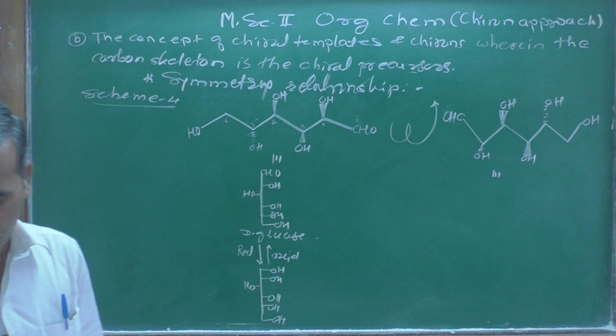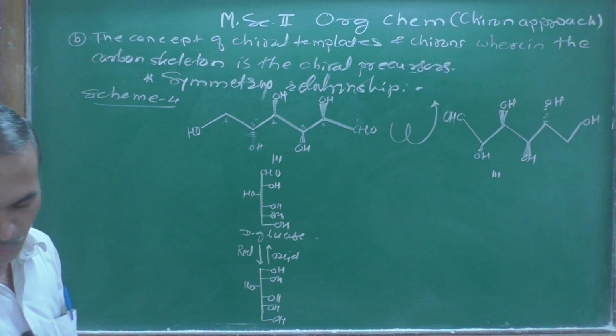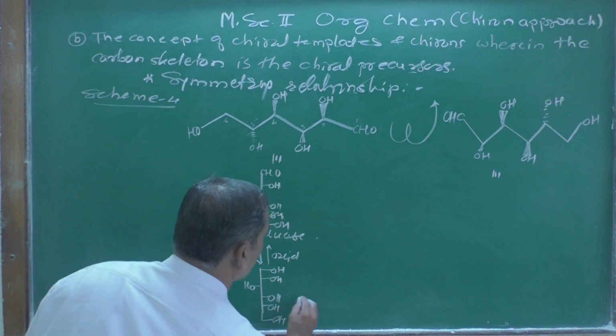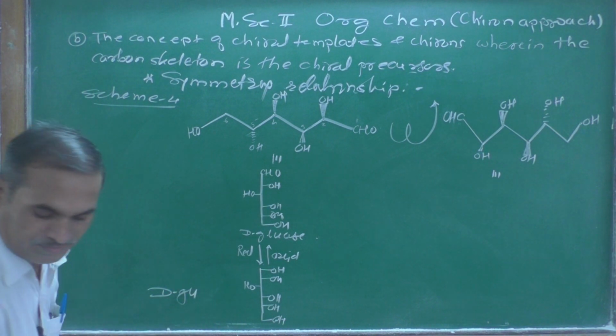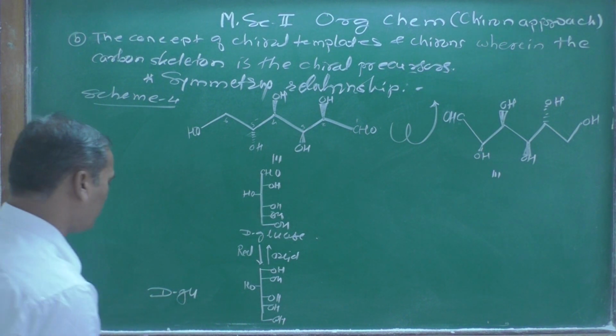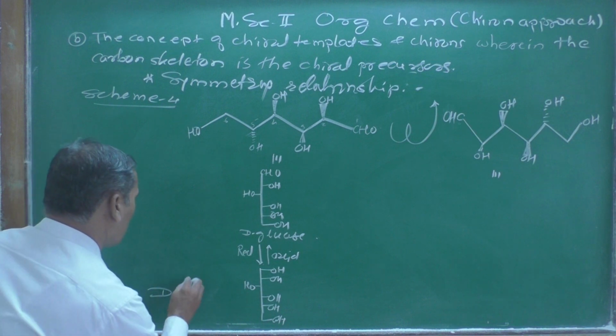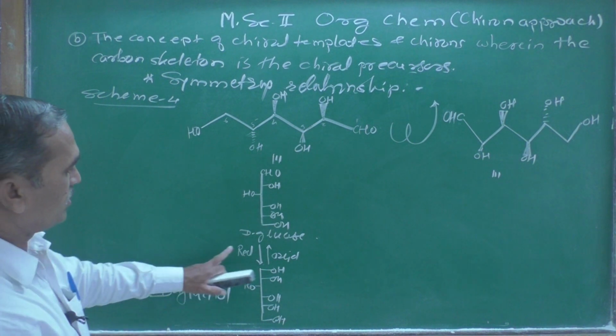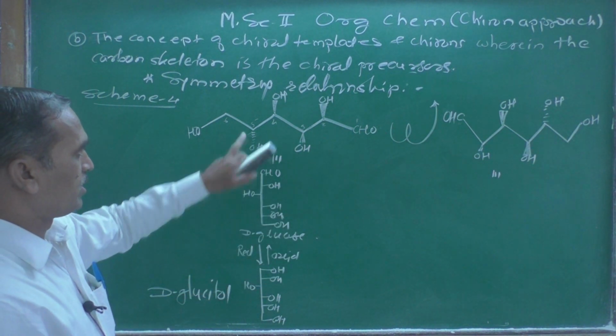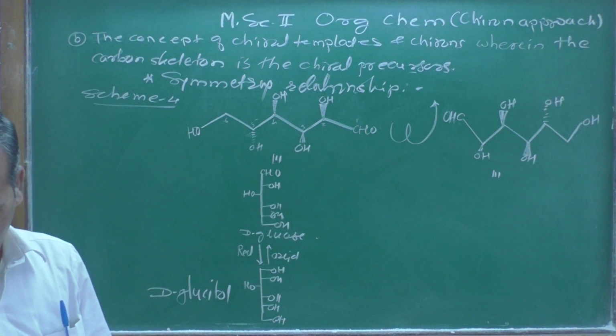This is the structure of D-glucitol. This is the open chain glucose.